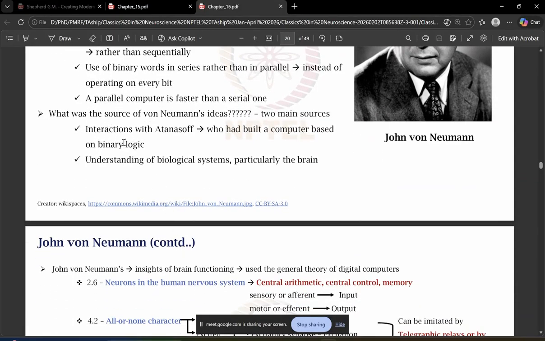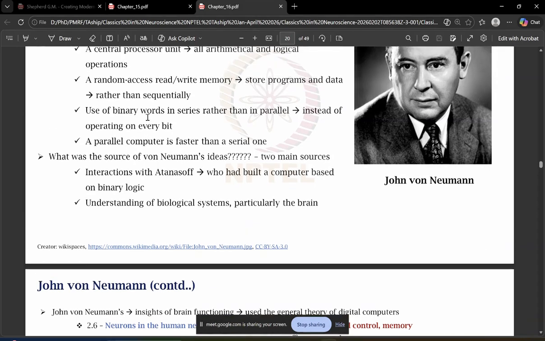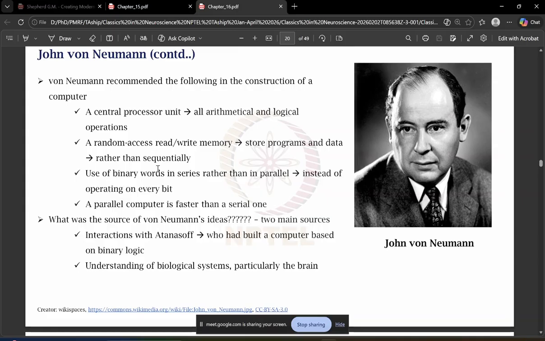That is speculated to be one source of von Neumann's ideas for the construction of the EDVAC digital computer.